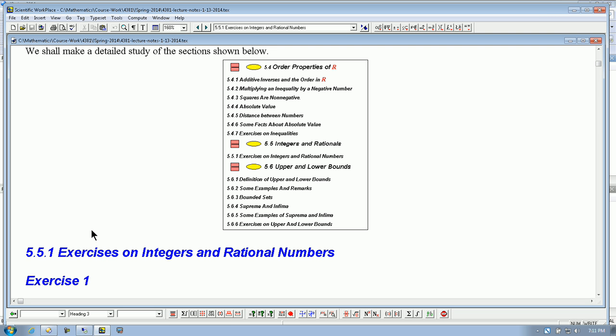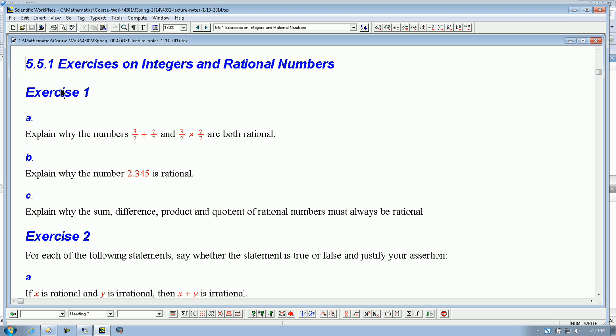So anyway, rational numbers are fractions. I've got a few little exercises on rationals and integers here that I thought I would just mention to you before we move on. These exercises are very, very simple. Explain why this number here is rational.